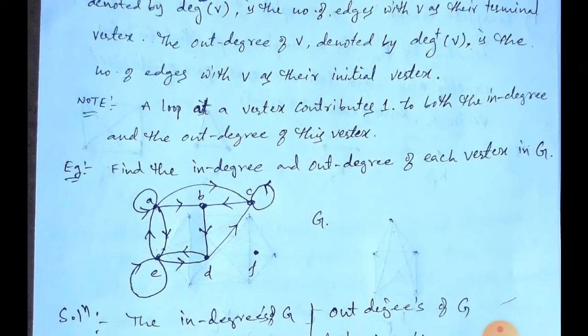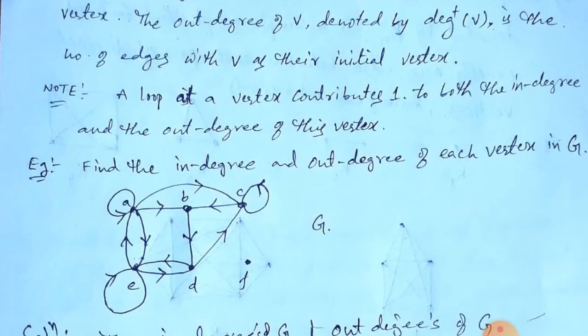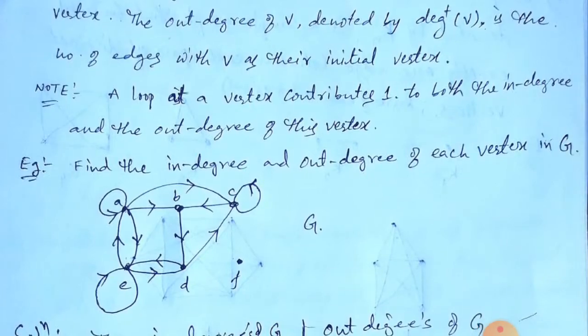Now observe, a loop at a vertex contributes 1 to both the in degree and out degree of this vertex, because that loop is incident to a vertex and incident from a vertex.